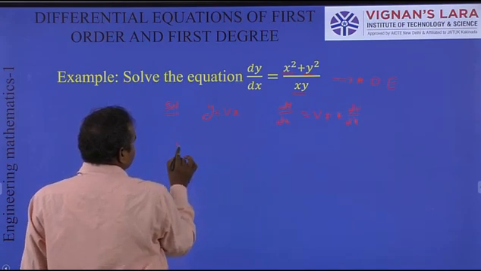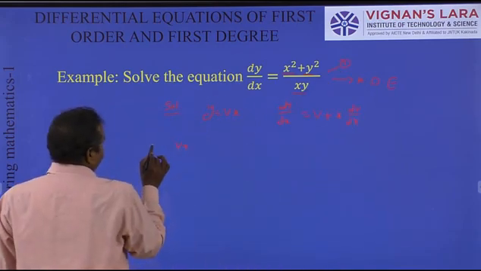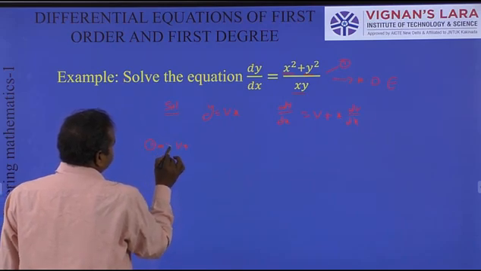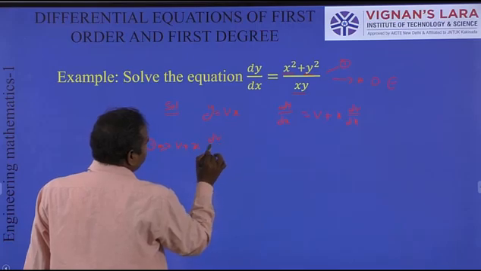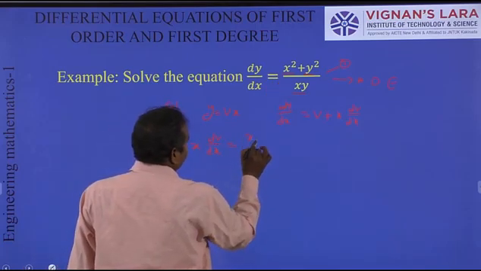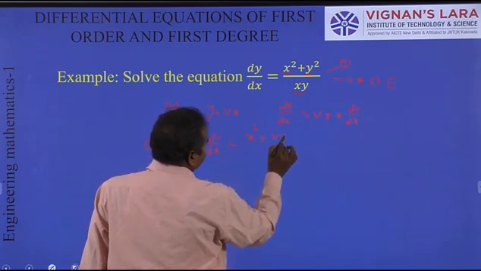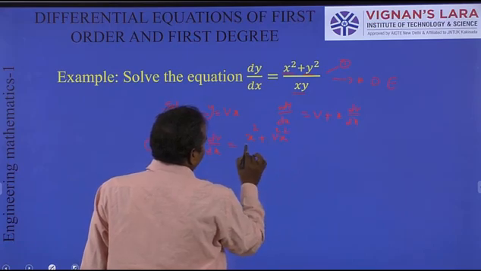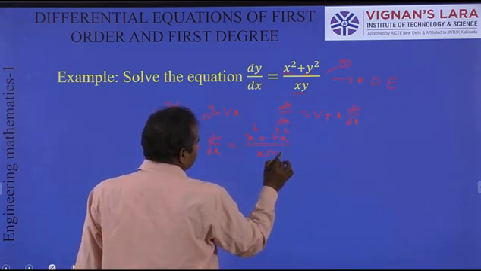So dy by dx is v plus, let it be 1. So from 1, v plus x into dv by dx is equal to x square plus y square. What is the value of y? vx, so (vx) whole square, which is v square x square, by x into y, which is vx.